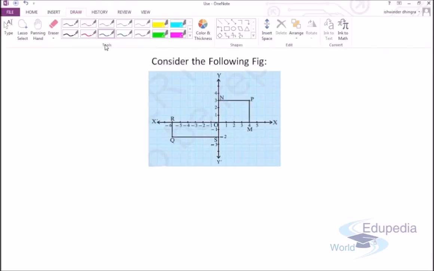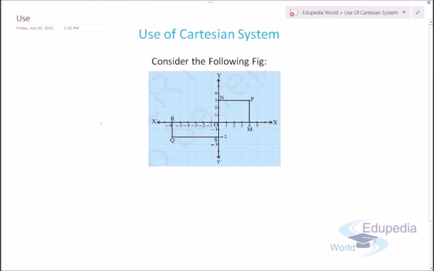The use of the Cartesian system is very important. Now suppose we are given a point P on a Cartesian system. We'll discuss each and every part of the Cartesian system through this point.